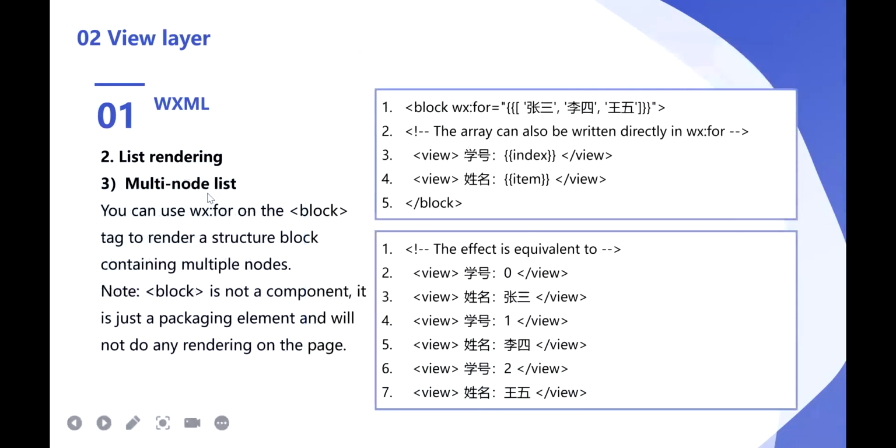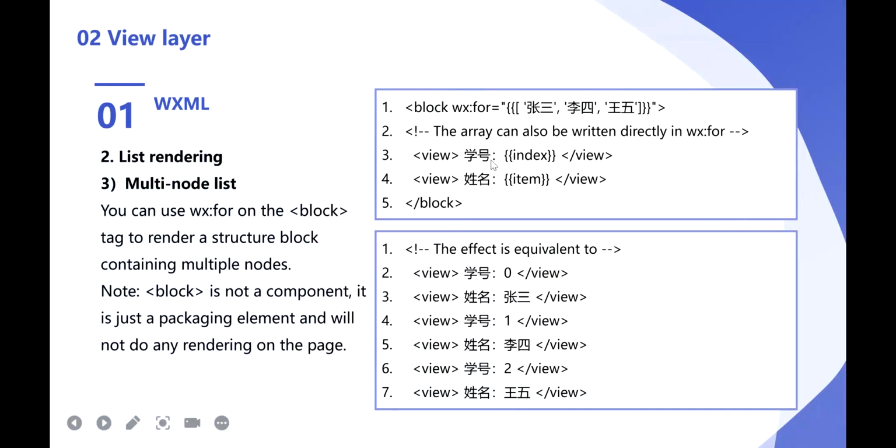Here is a multi-node list. For multi-node list, you see we have said that we can use wx:for on the block tag to render a structure block containing multiple nodes, like here.